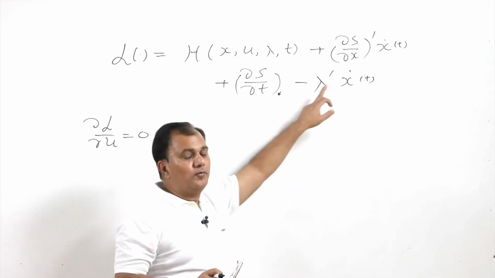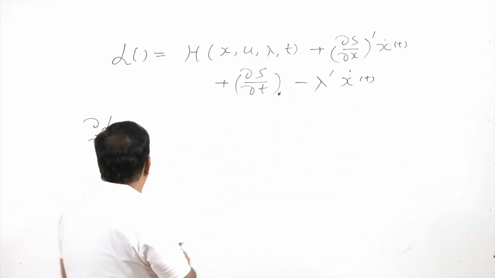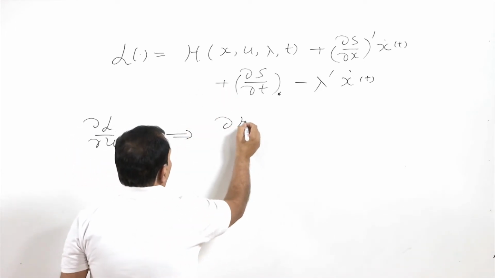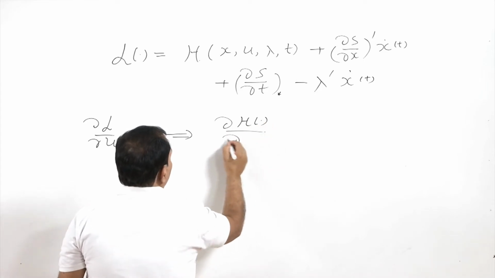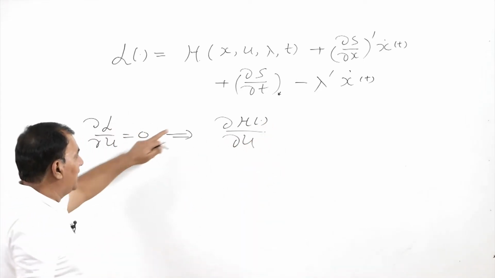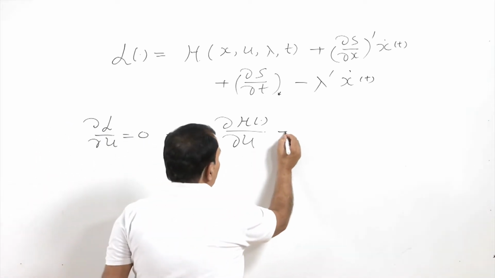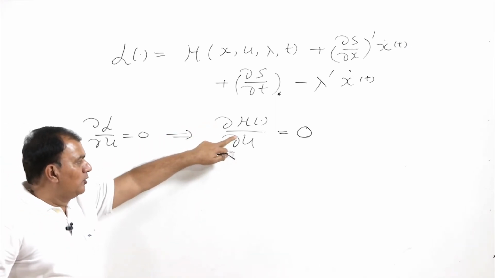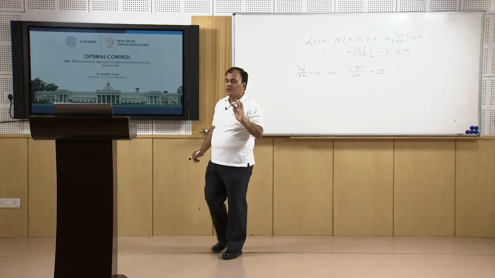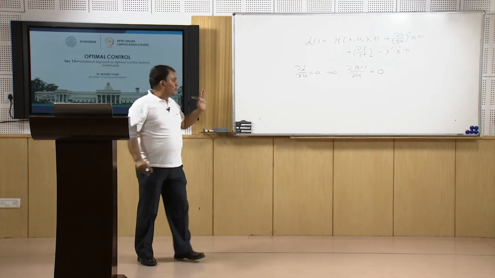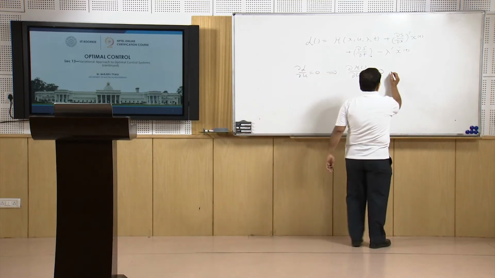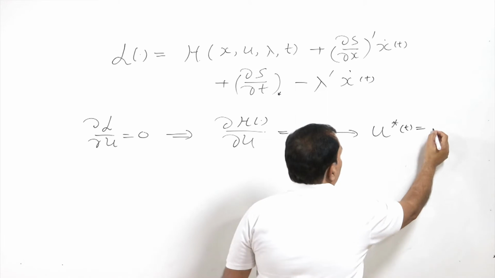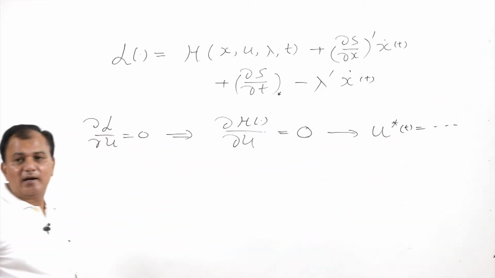This term is independent of u, this term is independent of u. So, del L by del u I can write as del H by del u, which is equal to 0. If I take del H by del u equal to 0, this will give me the control. So, the solution of this will give me the u star t, whatever the value I get.